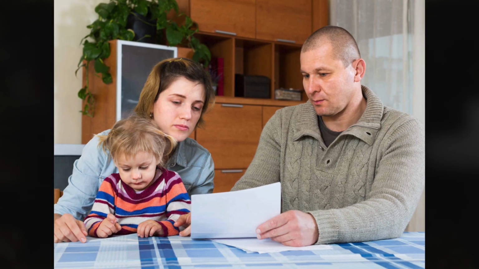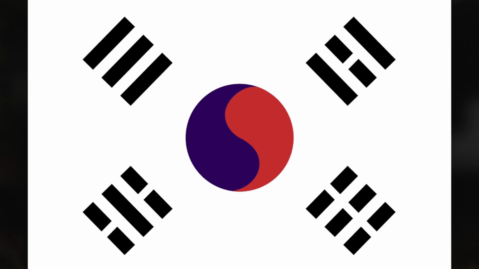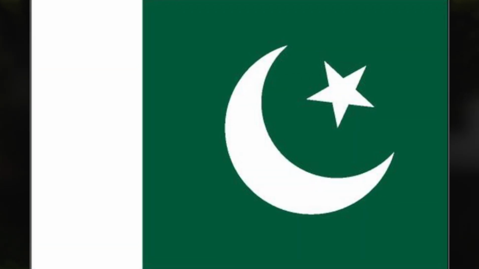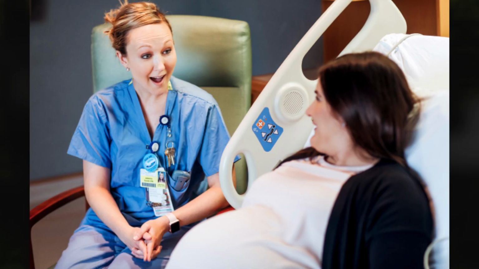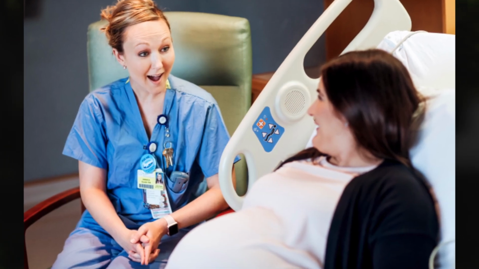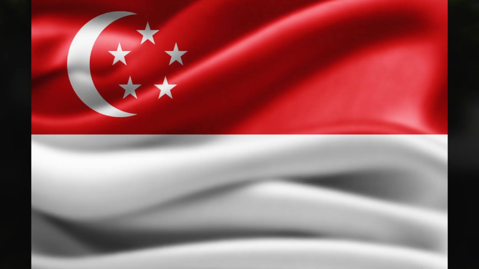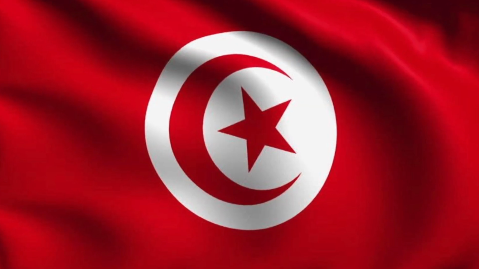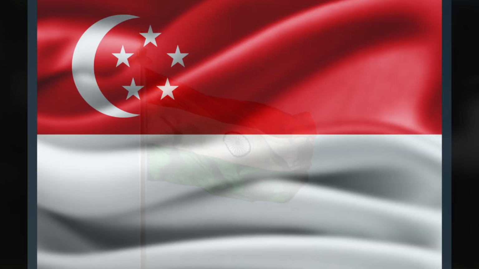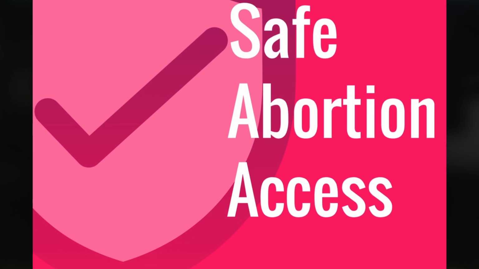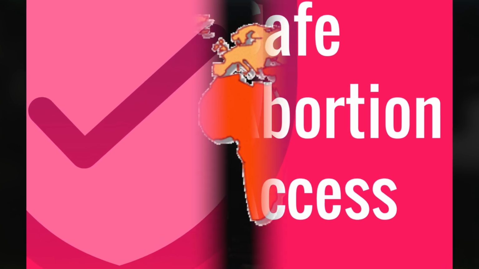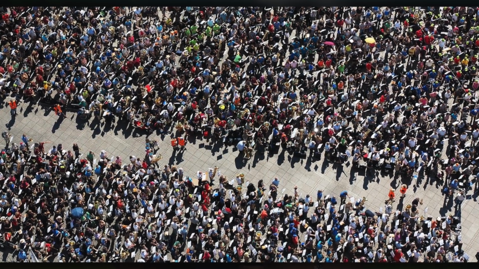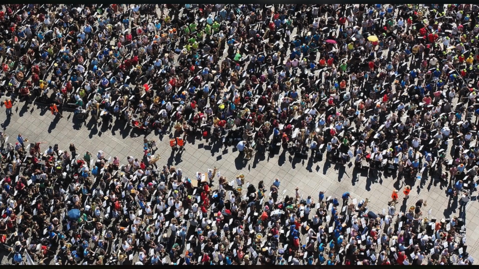Economic incentives for smaller families in the Republic of Korea and the Philippines, financial rewards for sterilization in India, Pakistan, Bangladesh and Sri Lanka, the preferential treatment for small family mothers in government hospitals of Singapore, availability of free abortion facilities on demand in Tunisia, Cuba, China, India and Singapore, legalization of abortion on medical grounds in a vast majority of less developed countries are some of the policies which are discouraging for the rapid growth of population.